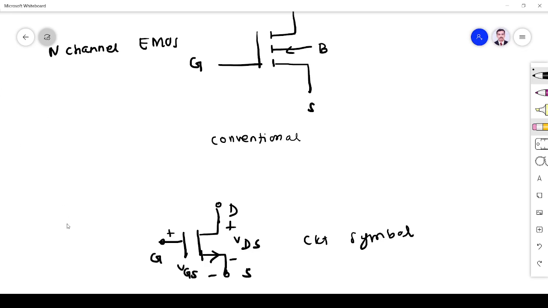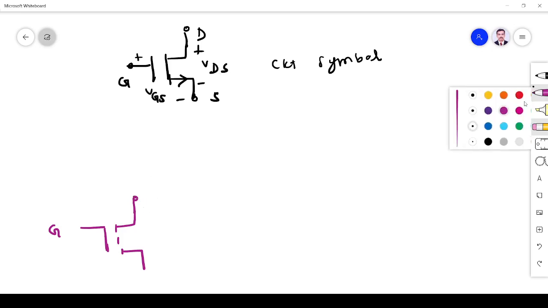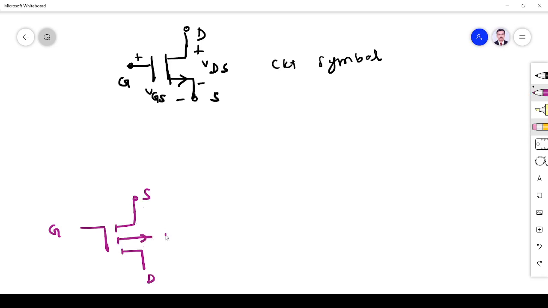Similarly for P channel, the conventional symbol is like this. Drain, gate, source, drain, body. It is like this. This is the conventional symbol. In the circuit symbol, the source always has the arrow mark.